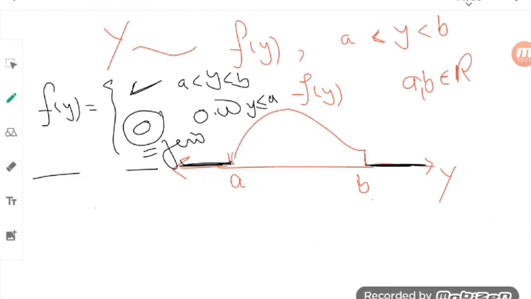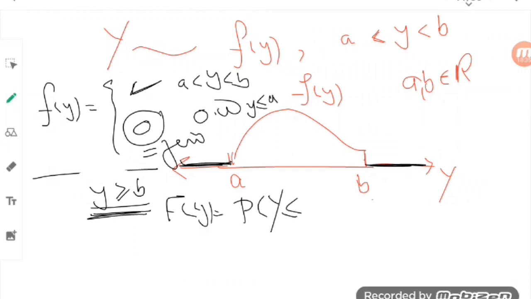Now let's imagine that y takes a value greater than or equal to b. Fine. And we need to find capital F of y within this range. This means the probability that y is less than or equal to y, which means integration from negative infinity to y.